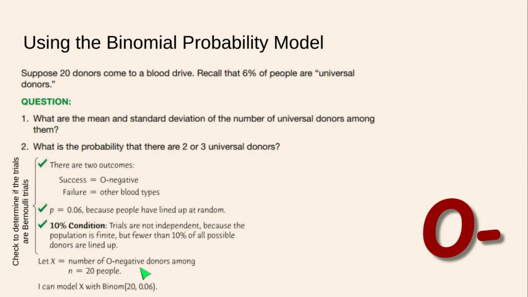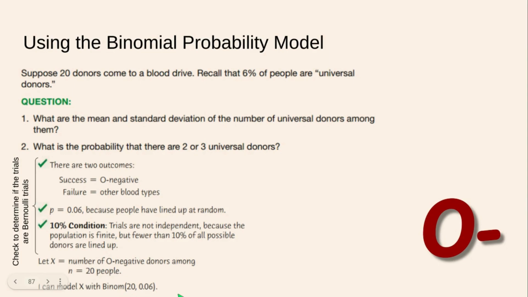And finally, we can model our random variable with this setup. Binom, and we have 20 as the size of our sample, and 6% as our odds of success. All right, so we have identified a random variable and stated, yes, it fits this model. Let's get to work.